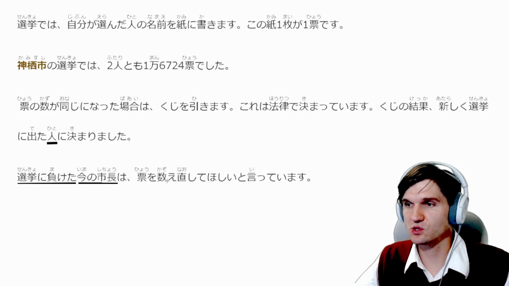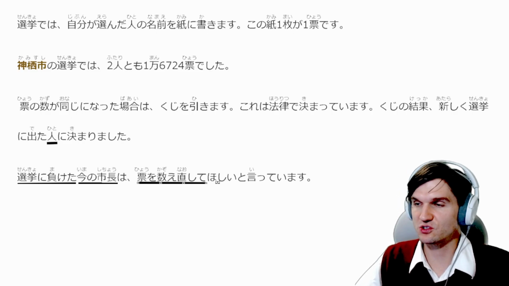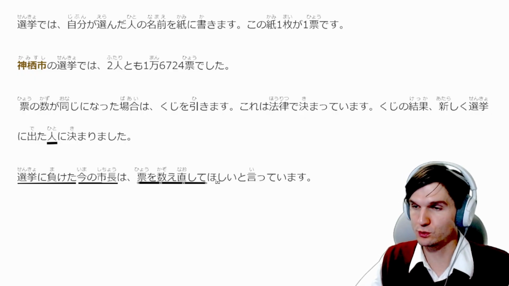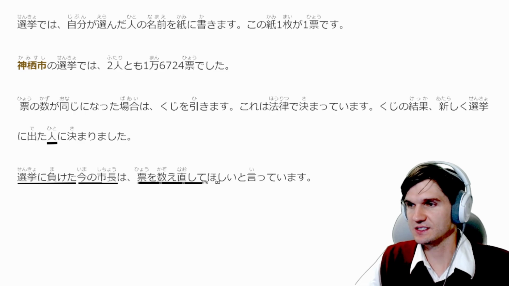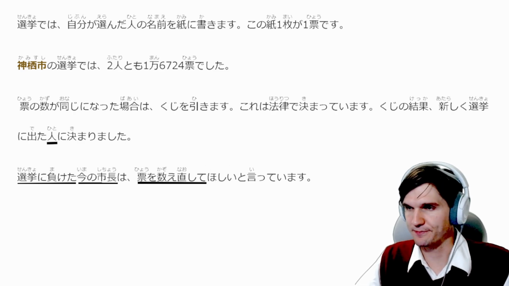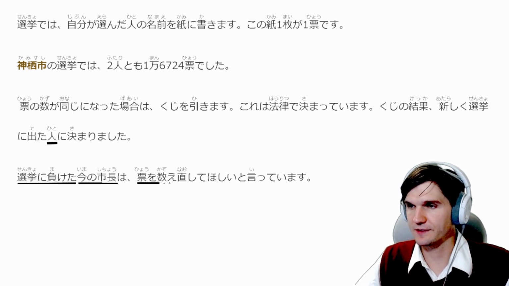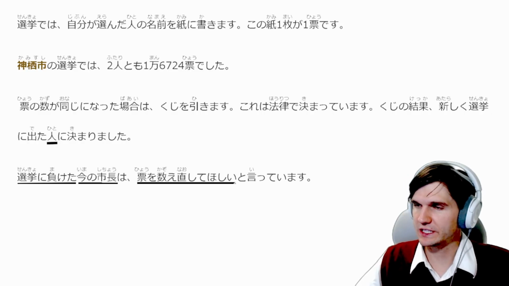票を数え直してほしい. So 票を数え直す, as we learned in the vocab, that is to recount votes. 票 votes, 数え直す to recount. This is in the て form connected to 欲しい. So he wants them to recount the votes.